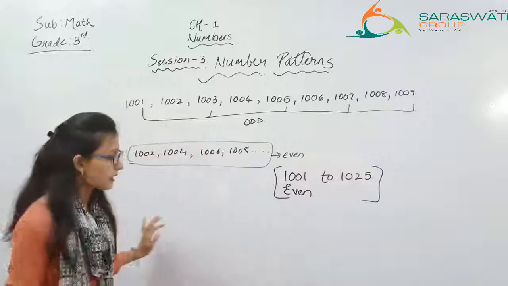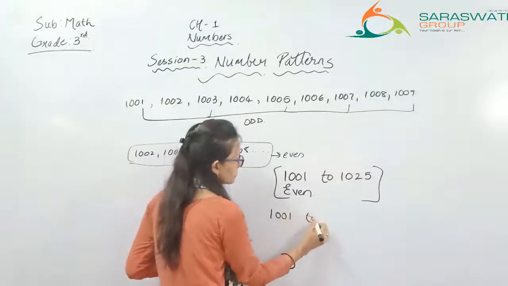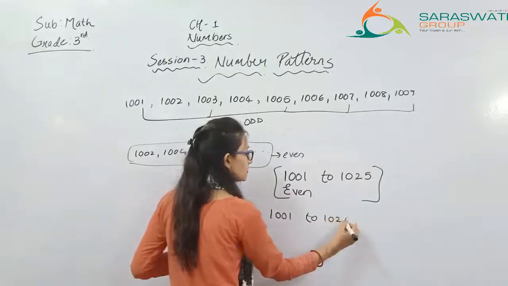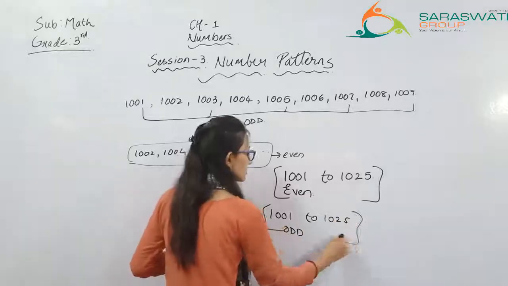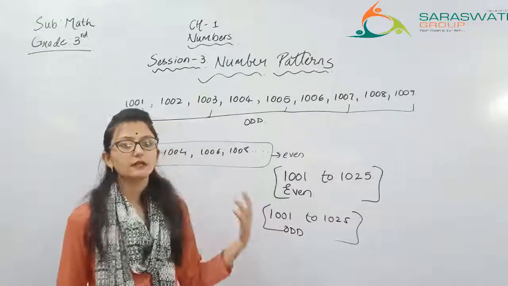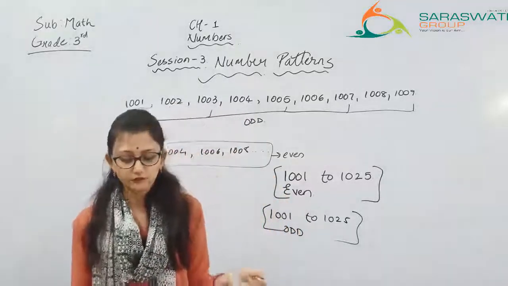Also you have to write the odd numbers from 1001 to 1025, so that you will identify the difference between odd numbers and even numbers very carefully.